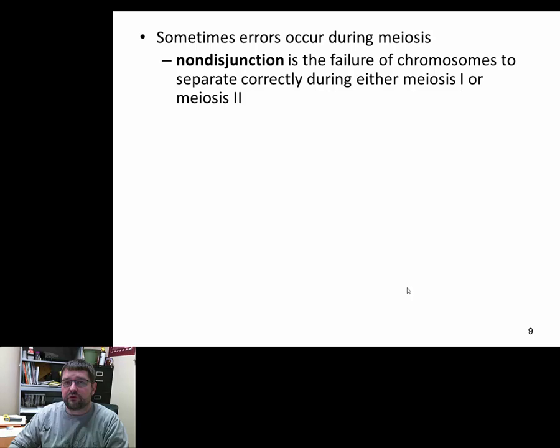Now, during meiosis, we talked about this before, sometimes there's mistakes that happen, right? Mainly during the phase at which either homologous chromosomes are separating or sister chromatids are separating. Okay? So metaphase, either metaphase 1 or metaphase 2, is really kind of the result of nondisjunction.